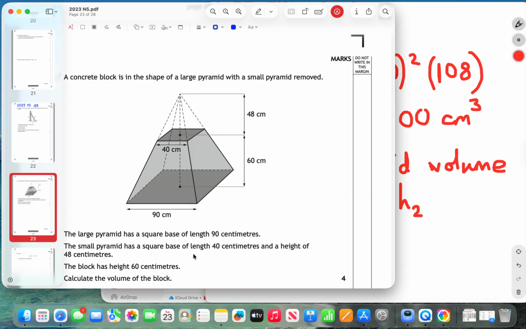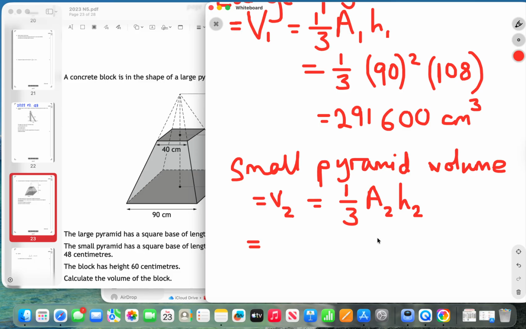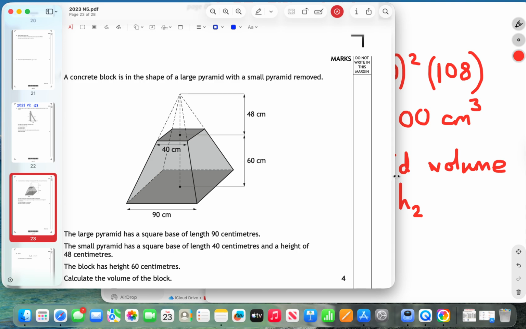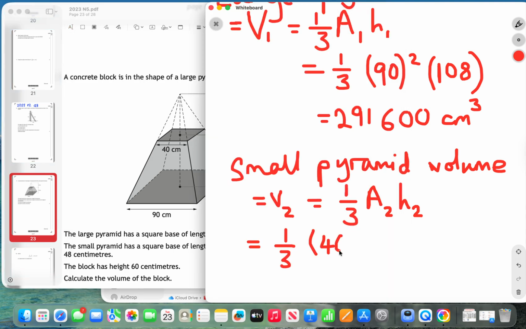and we're told that's got a square base of length 40, so let's find the area of the base. Well, that's 40 squared, and the height of the small one alone is 48.